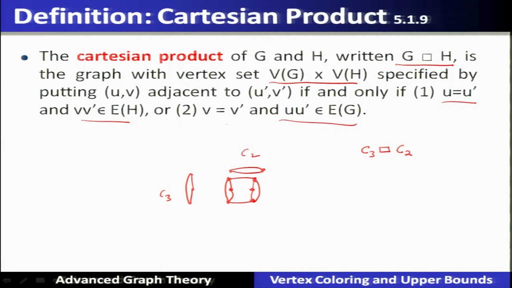So, as far as these definitions are concerned, let us say this is u and this is u prime. So, u and u prime is equal, and let us say that this is v prime and this is v. So, v and v prime has an edge. So, that will represent something like u and u, v and v prime.